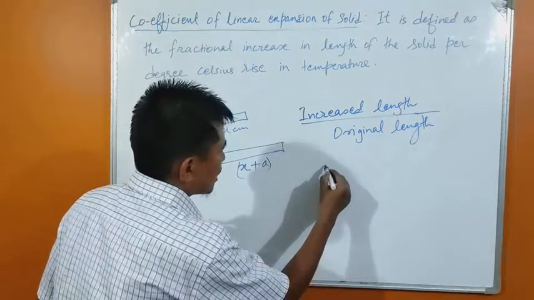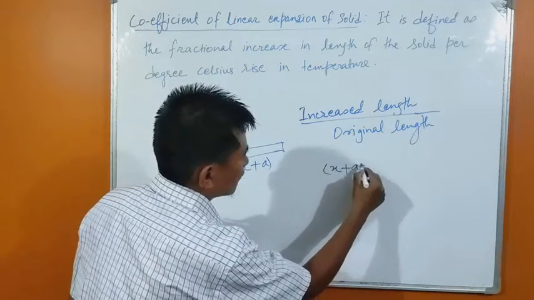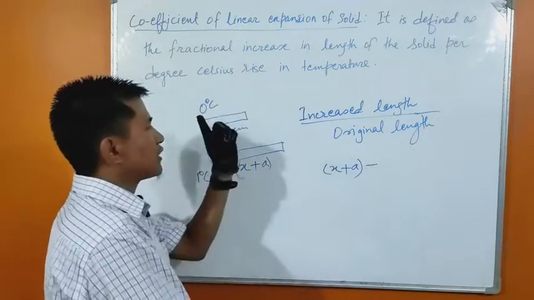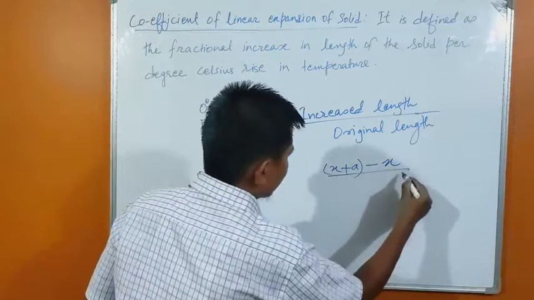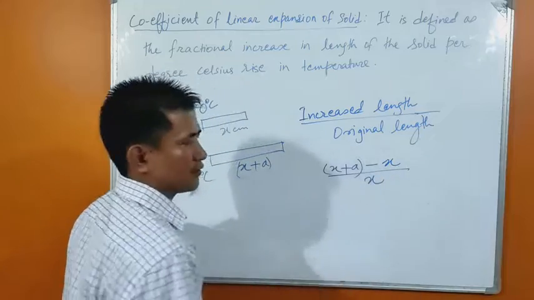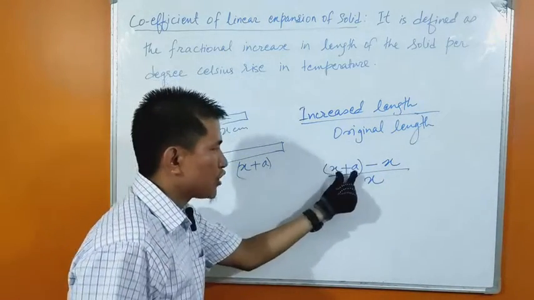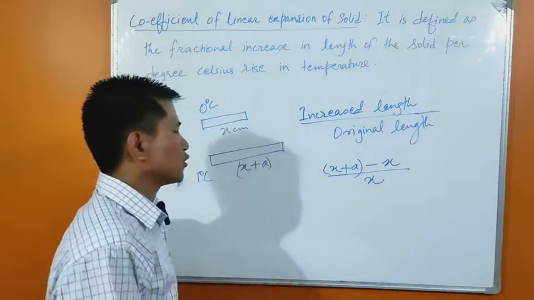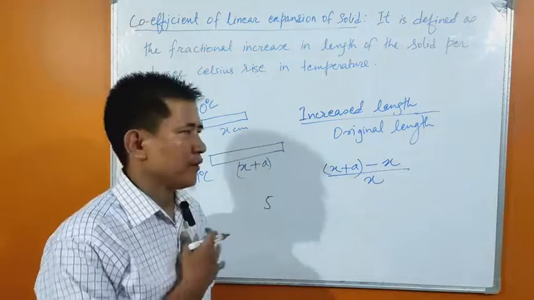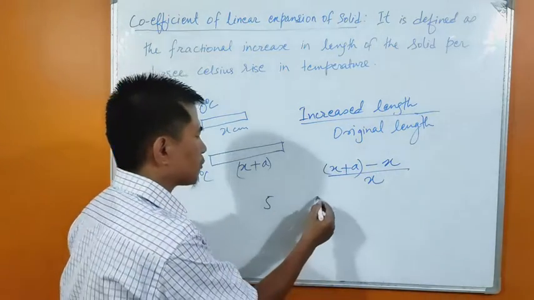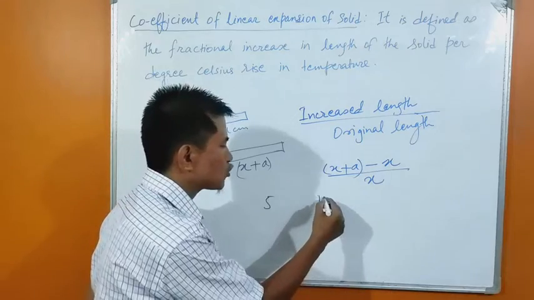Increased length is new length x plus a, minus old length or original length x, divided by original length. Got my point? Increase means new length minus old length. Suppose I have rupees 5 and somebody gave me some rupees, I don't know how much, but now I have rupees 12.